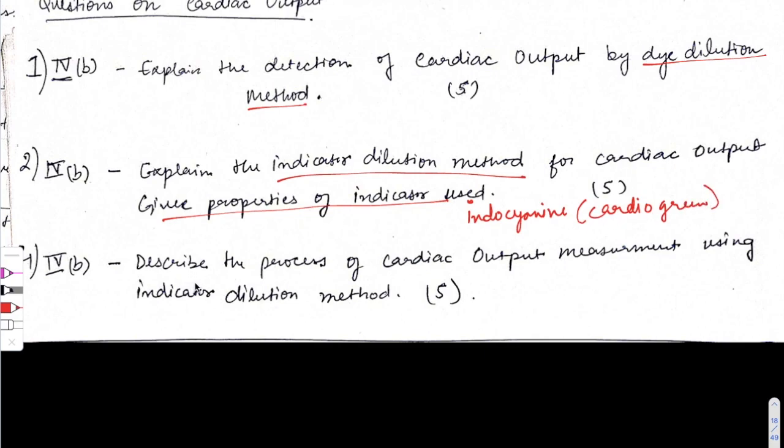The question can also come like this: describe the process of cardiac output measurement using the indicator dilution method. Here we have to explain the indicator dilution method simply. Then do make the graph in the questions. Here is the very important graph of the cardiac output.